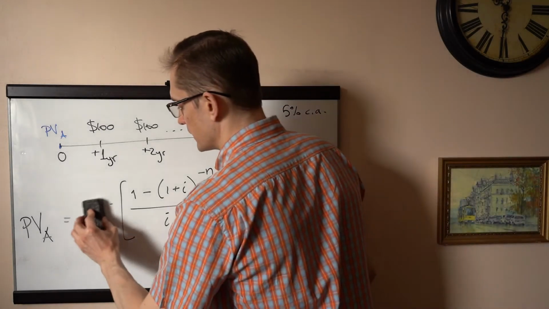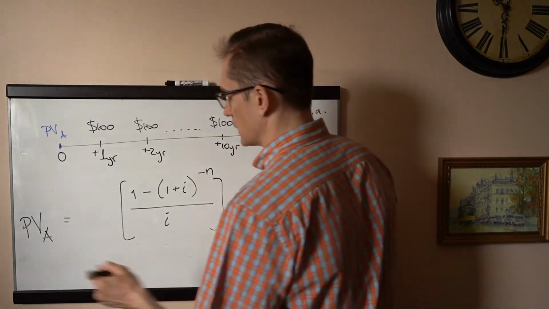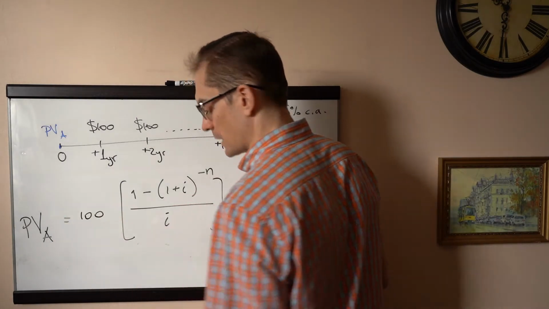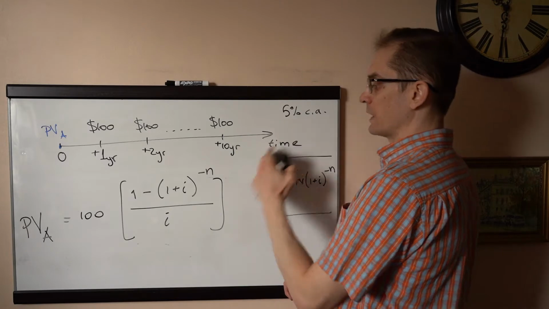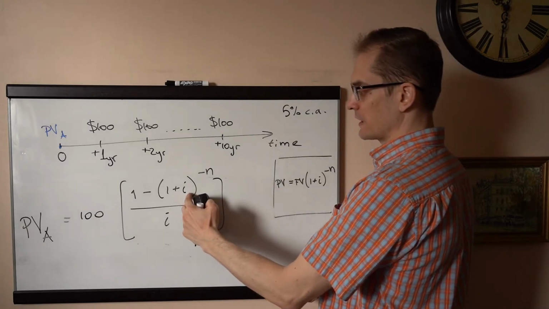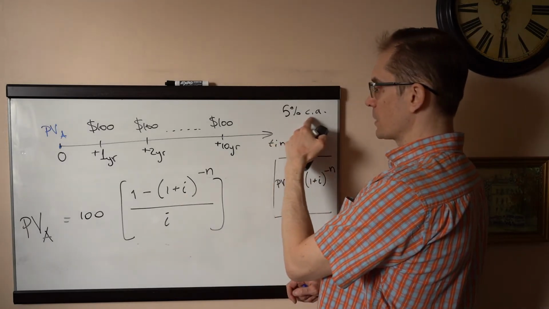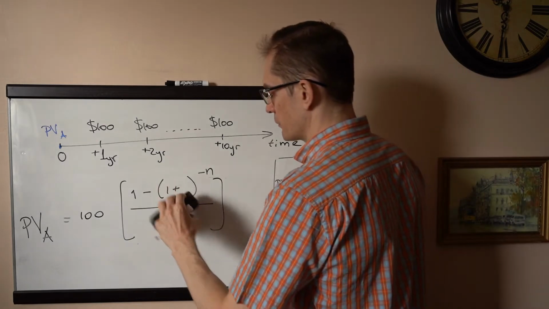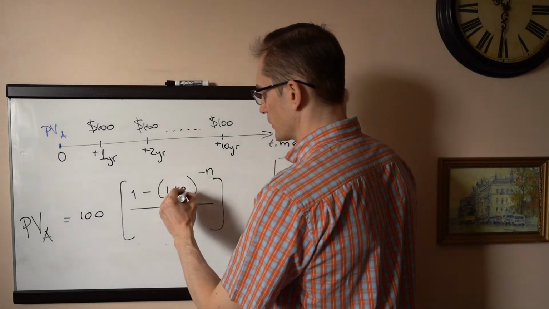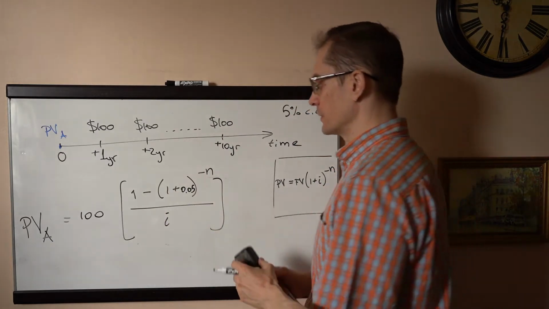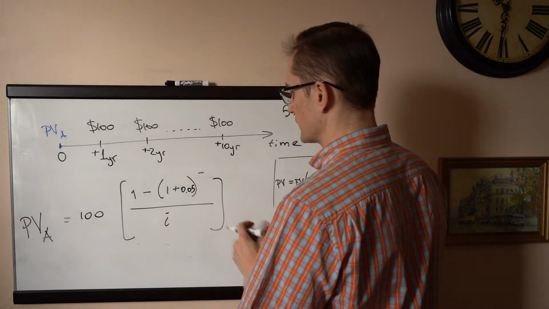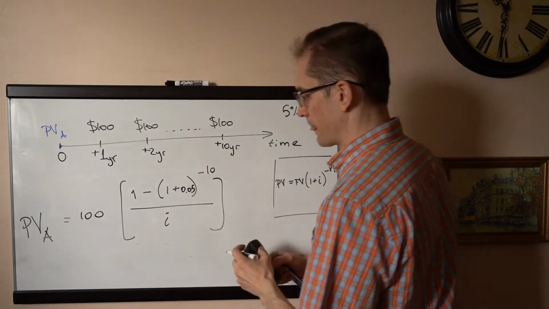Now, how we would use that formula for this particular example? Again, our payment is $100. Our rate is 0.05 for i. So this i is 0.05 because it's a compounded annually rate, 5% rate per period, and there are 10 periods, right? So minus 10.